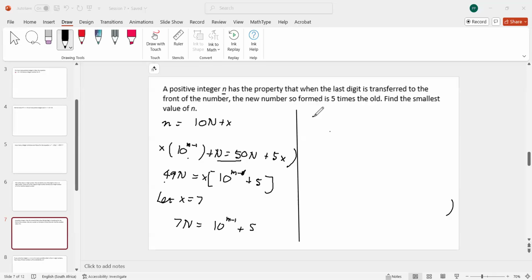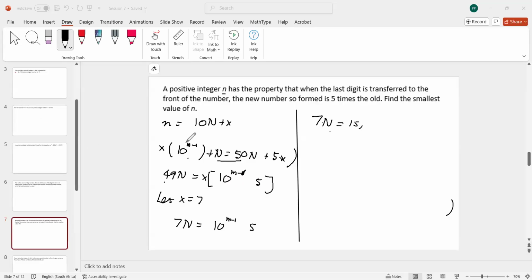So 7n, now this is a power of 10 plus 5. So it could be 15. Oh, this is a minus 5 here, sorry. The x is pushed to the other side, so it's minus 5. Sorry, I made a mistake there.